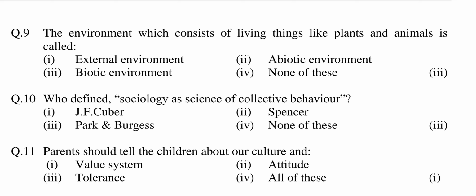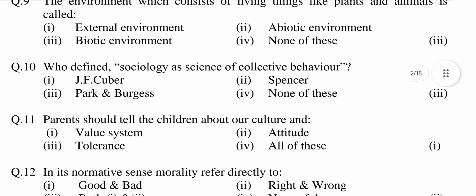Answer is option third, biotic environment. Question number 10. Who defined sociology as the science of collective behavior? Option first, J.F. Cuber; second, Spencer; third, Park and Burgess; fourth, none of these. Answer is option third, Park and Burgess.